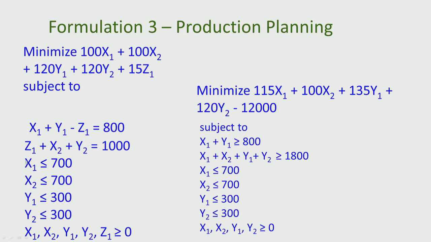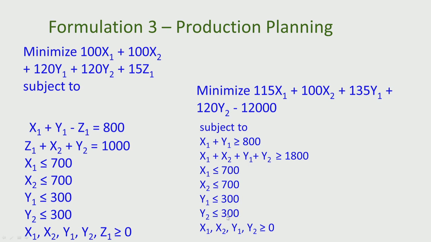So, this z1 is now written as x1 plus y1 minus 800, and on simplification we get x1 plus x2 plus y1 plus y2 is greater than or equal to 1800. Because z1 is x1 plus y1 minus 800, the minus 800 goes to the other side of the equation to give us x1 plus x2 plus y1 plus y2 greater than or equal to 1800.